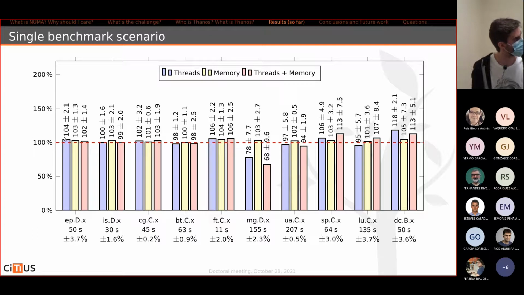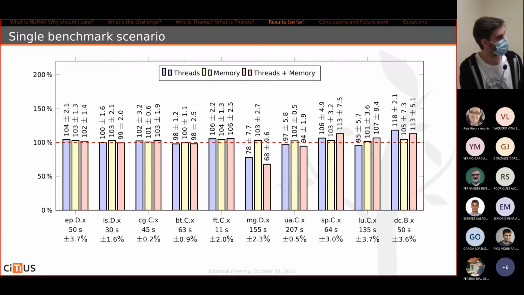In this blue bar at the beginning, for example, we can see that our thread migration algorithm increases execution time by 4%. On average, we can conclude from this result that our effective overhead is around 5%.